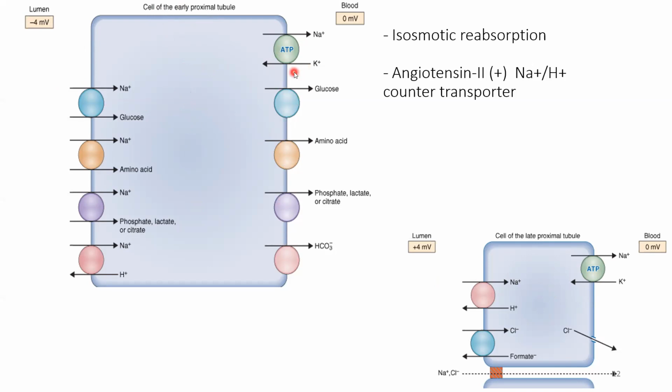Now remember one trick here. Always remember that the sodium potassium ATPase at the basolateral border is abundantly found along all the length of the tubule, whether it's the PCT or elsewhere. This ATPase is there just about everywhere. Okay, and you know what this ATPase does.